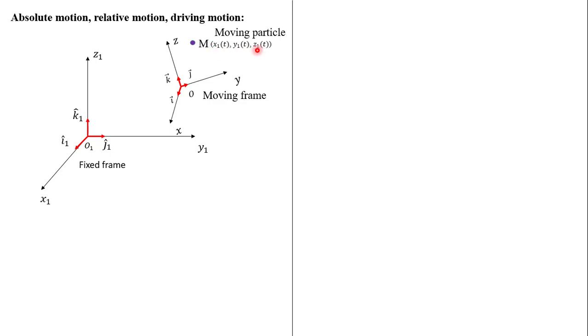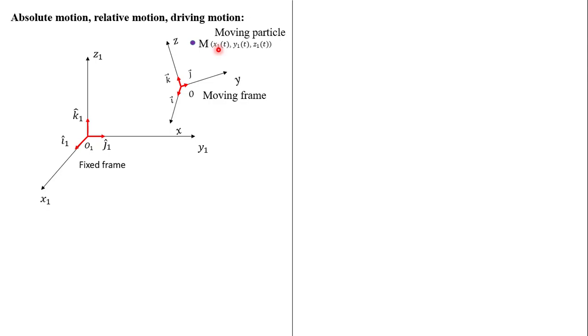X1, y1, and z1 are all dependent on time, because while the moving particle is moving, M will change its coordinates. We have x1 of t, y1 of t, and z1 of t.